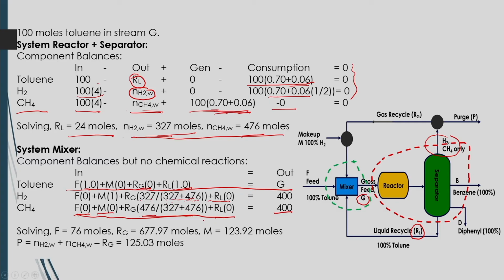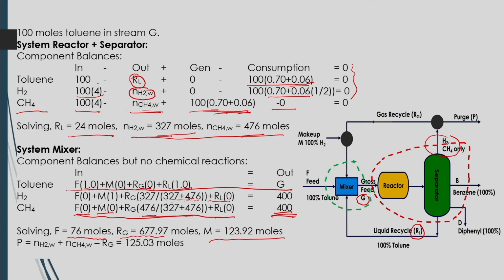So, we can write the material balance for this mixer system, and after substitution of this RL, which is required in this equation, and also the moles of hydrogen and the methane amount, solving these 3 equations we can get F equal to 76 moles, Rg equal to 677.97, and M equal to 123.92 moles.